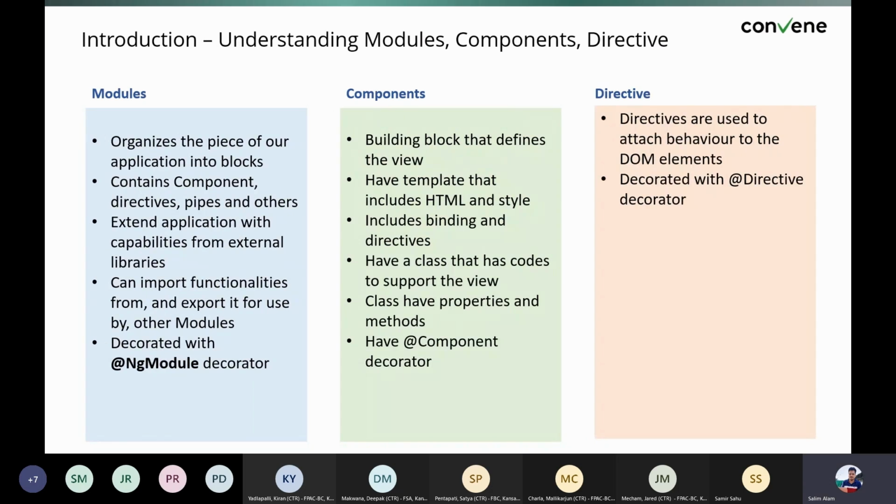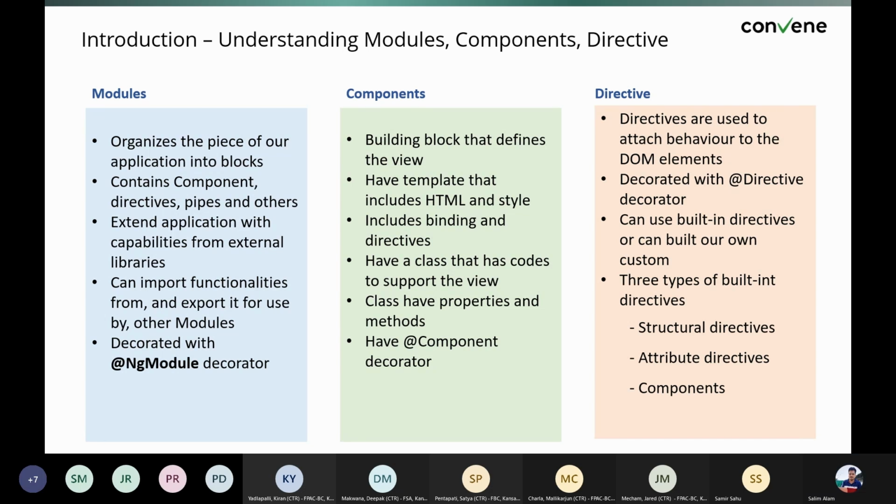When we write our custom directives, we have to use the Directive decorator, and there are lots of built-in directives in Angular, which we'll learn about more. Essentially, we have three kinds of directives: structural, attribute, and component. I believe I've shown you two till now.